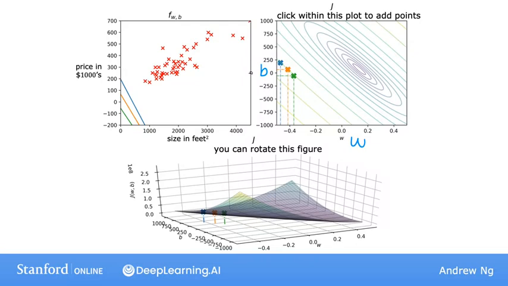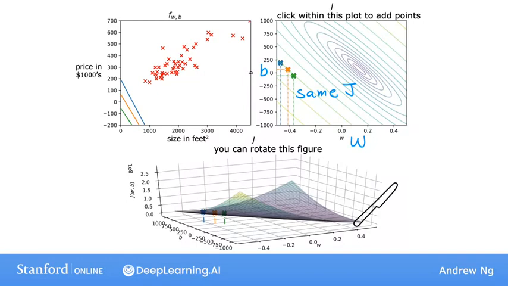In other words, the set of points which have the same value for the cost function J. So to get a contour plot, you take the 3D surface at the bottom and you use a knife to slice it horizontally. You take horizontal slices of that 3D surface and get all the points that are at the same height. Therefore, each horizontal slice ends up being shown as one of these ellipses or one of these ovals.